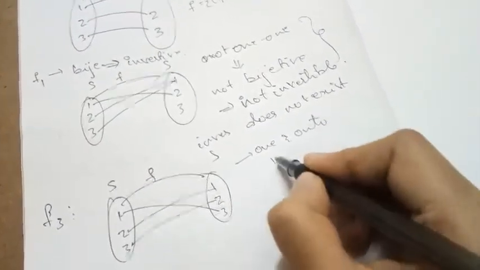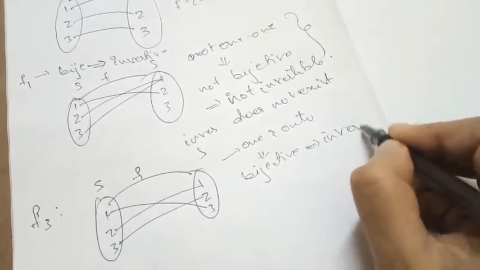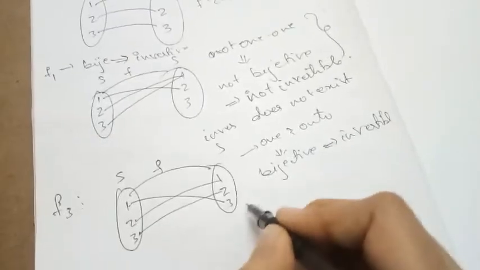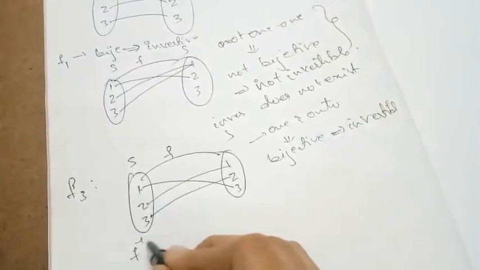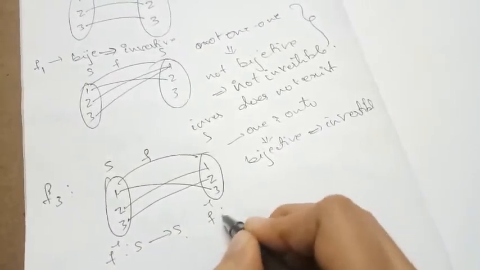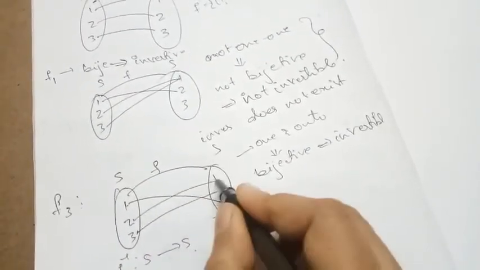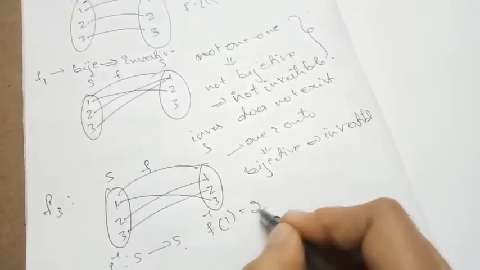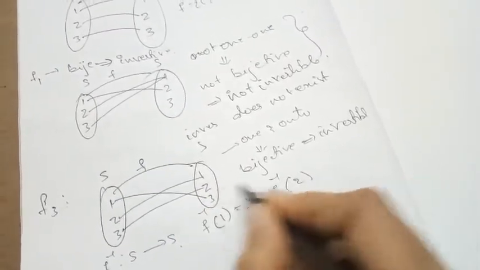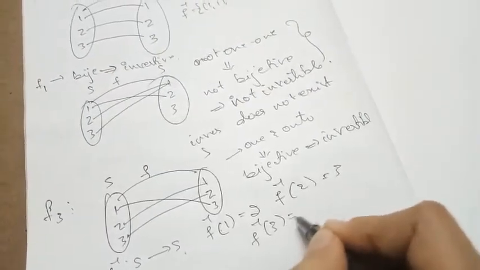So it is a bijective function, which implies it is an invertible function. Since it is invertible, our f inverse is going to exist from S to S. How is it defined? f inverse of 1 is 2, f inverse of 2 is 3, and f inverse of 3 is 1.